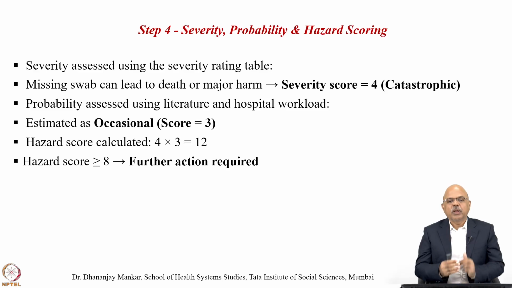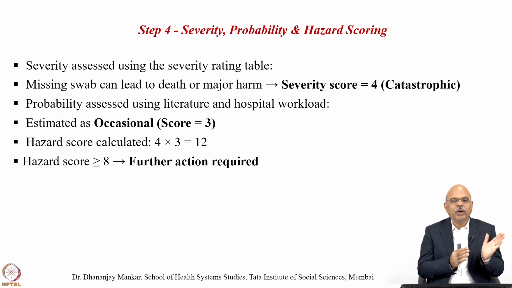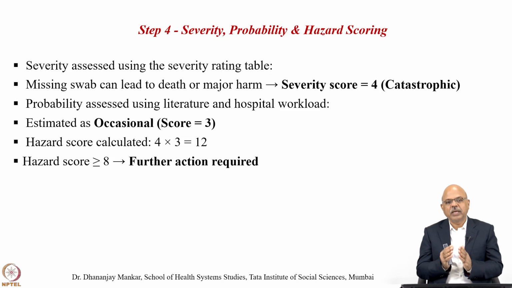In step 4, severity, probability and hazard scoring are given, according to the tables and risk plans that we have seen in the previous chapter. The severity is assessed using the severity rating table. A missing swab can lead to death or major harm, so the severity score is 4 for catastrophic, occasional is 3, and further lesser to it.